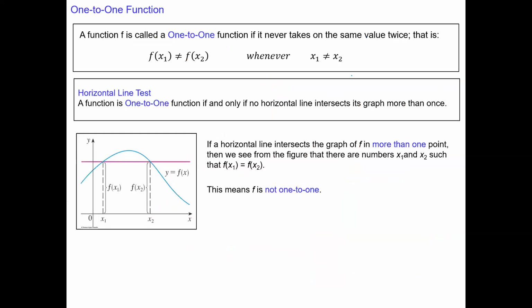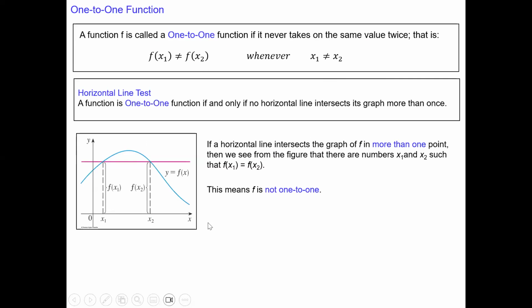Function f is called one-to-one if it never takes on the same value twice. That means for every single different x, the output must always be different. Of course, it's one output for x, but the output must be different.